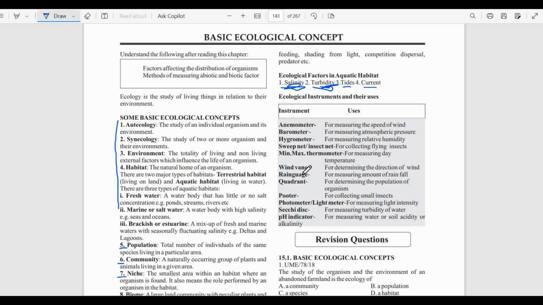You talk about the thermometer for temperature, wind vane for wind direction, rain gauge for measuring amount of rainfall, quadrat for determining population of organisms. Talk about pooter for collecting small insects. They talk about photometer or light meter for measuring light intensity. You talk about the Secchi disk for measuring turbidity of water and also pH indicator. That summarizes what you are expected to know in this chapter.